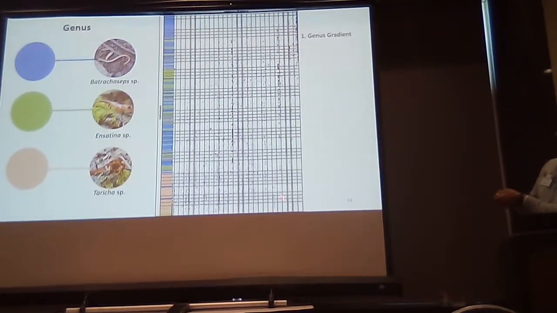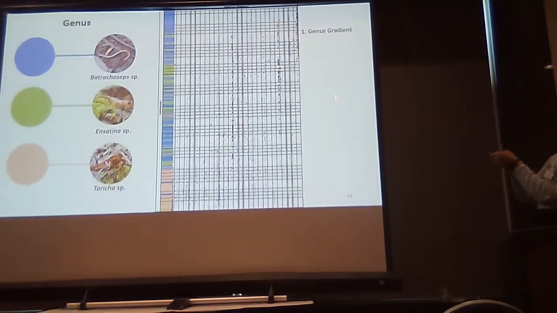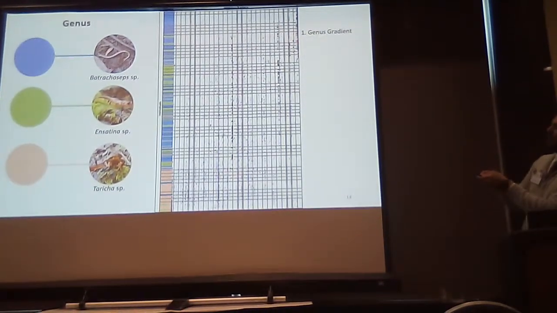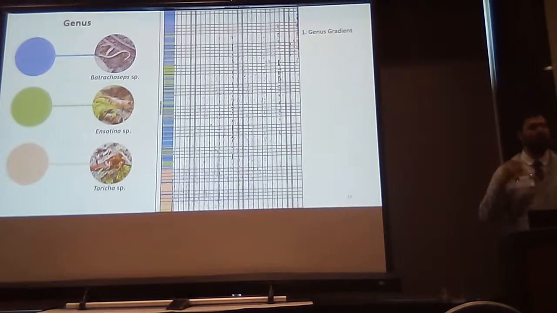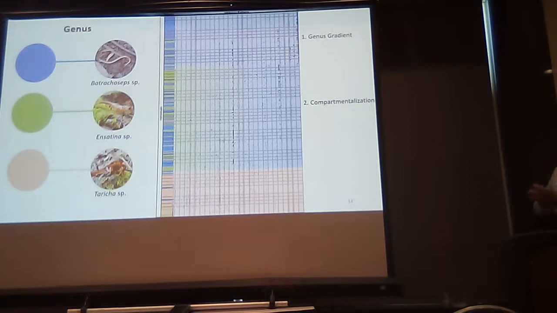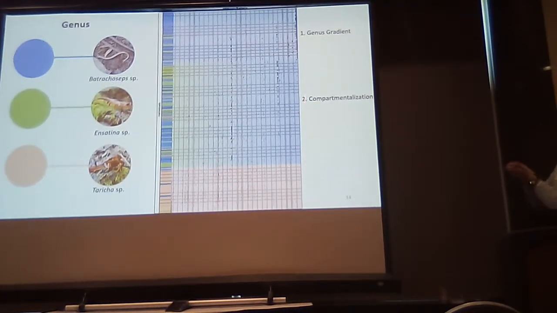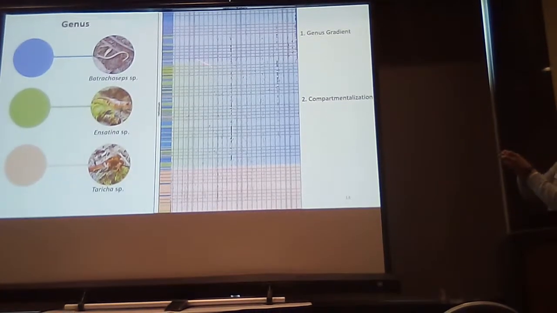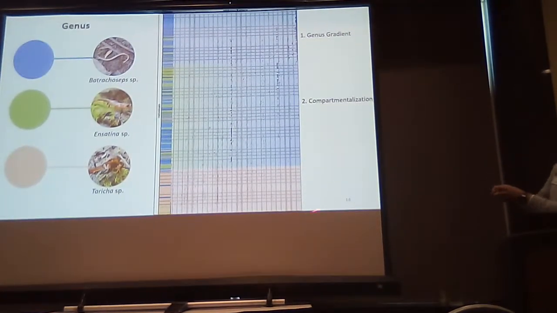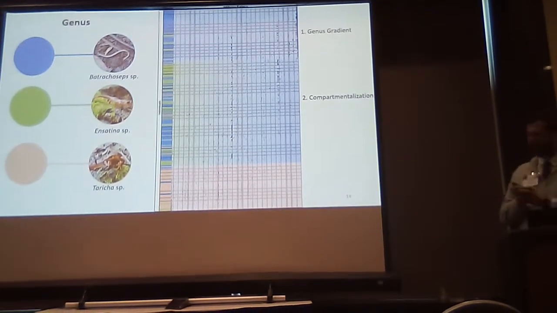They tend to have a very different antimicrobial community than the Batrachoseps, which are on top here, and then Ensatina sort of falls in between. So we have that really strong genus gradient. We do have compartmentalization, and that compartmentalization aligns with that gradient. Up top, these Batrachoseps have very different antifungal microbial communities than the Taricha on the bottom.